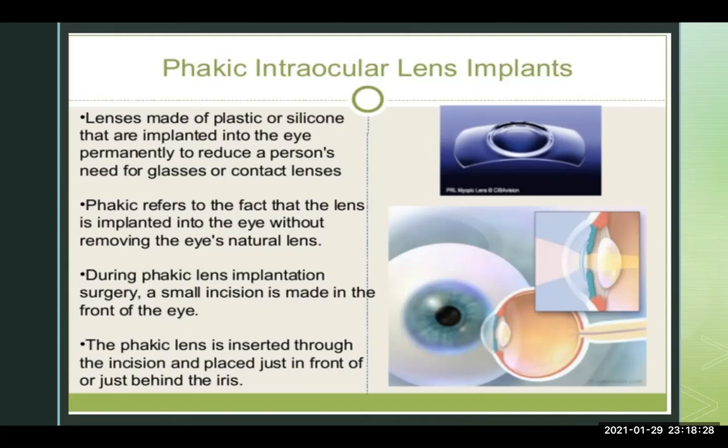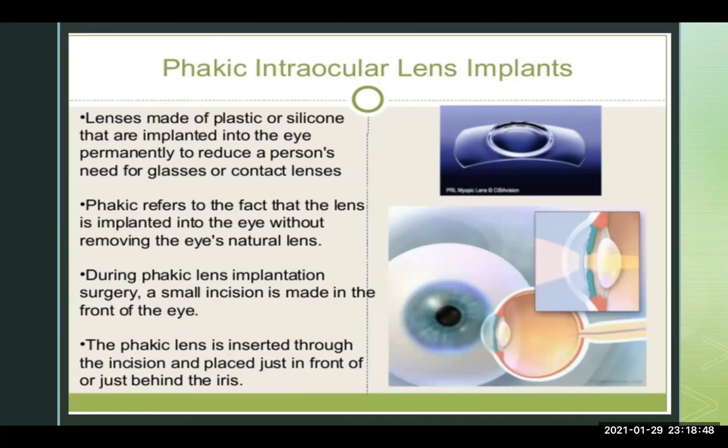Phakic intraocular lens, as I said, if the laser based on the corneal surface is not available or not suitable for this patient, the high errors may be corrected with implantation of an intraocular lens in front of the crystalline lens, without removal of the crystalline lens.